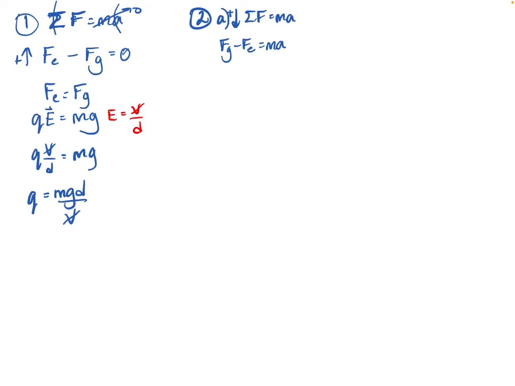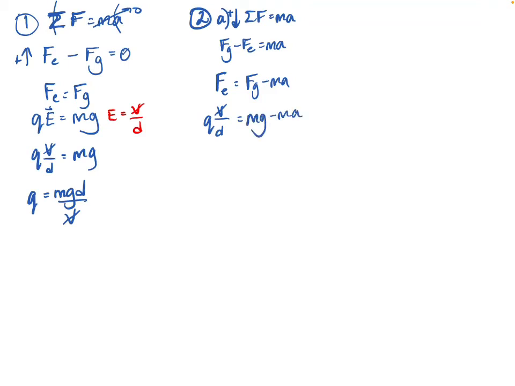Now, of course, we also know that gravitational force and electric force have their own equations. Okay, so I'm going to put those in. I'm also going to solve for electric force here. So we know electric force is equal to the gravitational force minus ma if we move that around. Electric force was Q times voltage divided by distance between the plates.